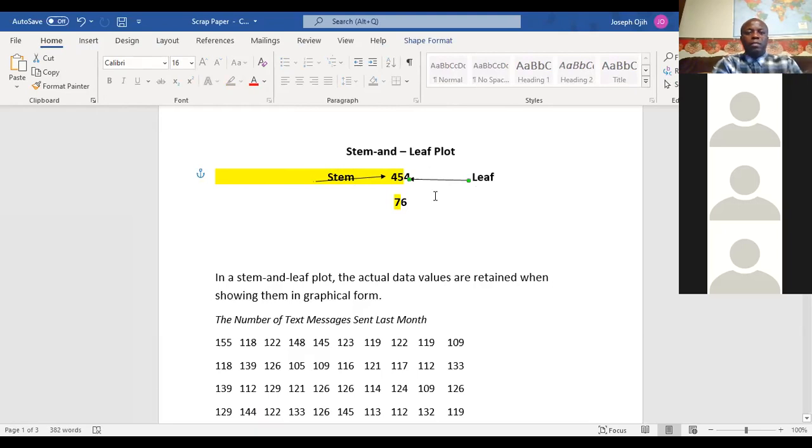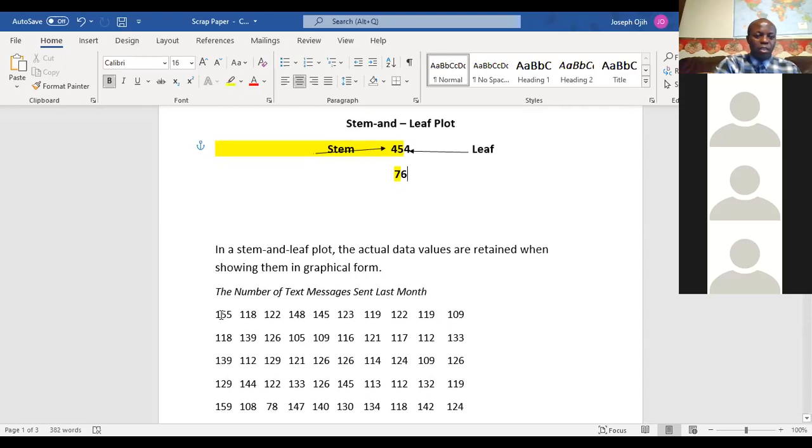Right. For all the data sets you have, say 155, the 15 is the stem and the 5 is the leaf. If there are two digits, the first is the stem and the last one is the leaf. Yes, you are correct.